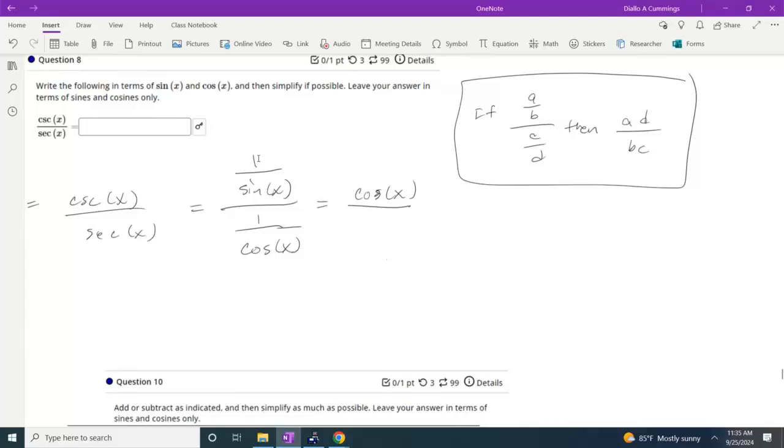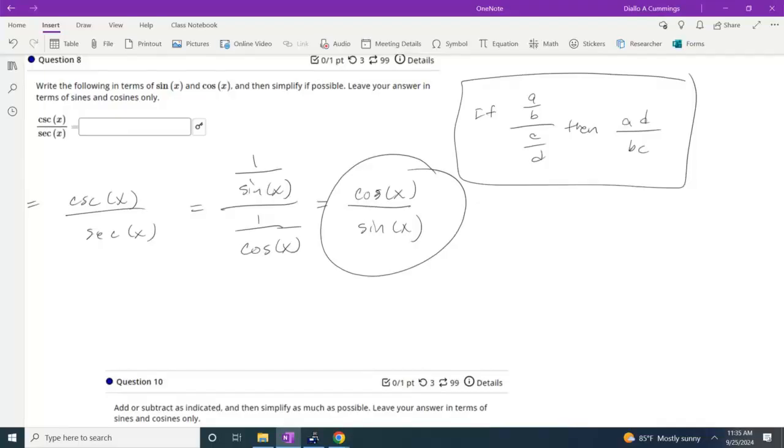And then I can multiply the bottom of the top and the top of the bottom: sine x times 1 is sine x. Now, since it wants me to answer in terms of sine and cosine only, this is my stopping point.